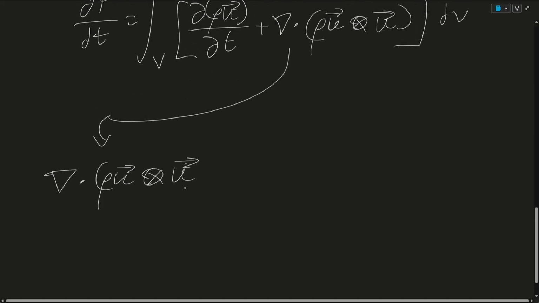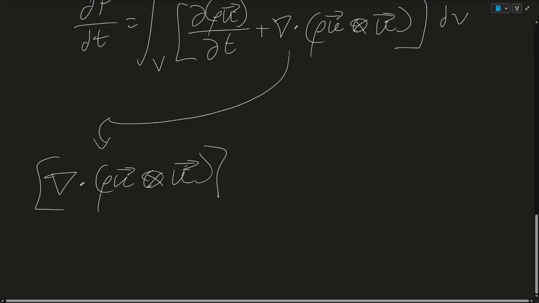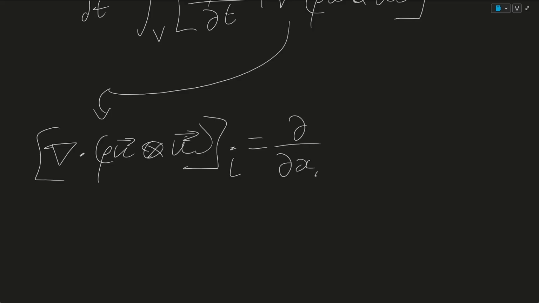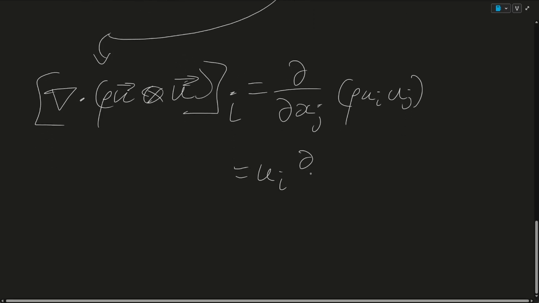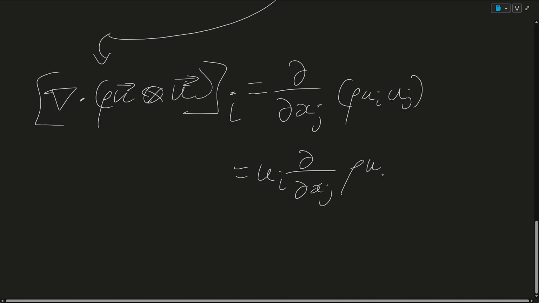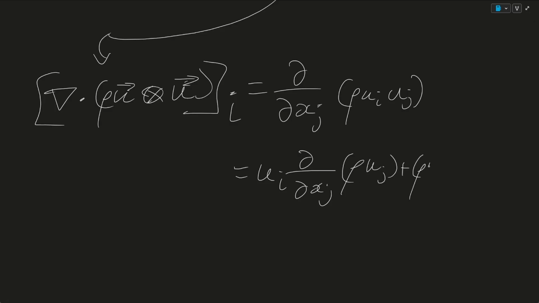We're going to do Einstein summation here, so I'm going to put this over the ith component, and that will be the partial derivative with respect to x_j of rho u_i u_j, which is the partial with respect to x_j of u_i times rho u_j, plus rho u_j times the partial of u_i over the partial of x_j. Yeah, that's correct.